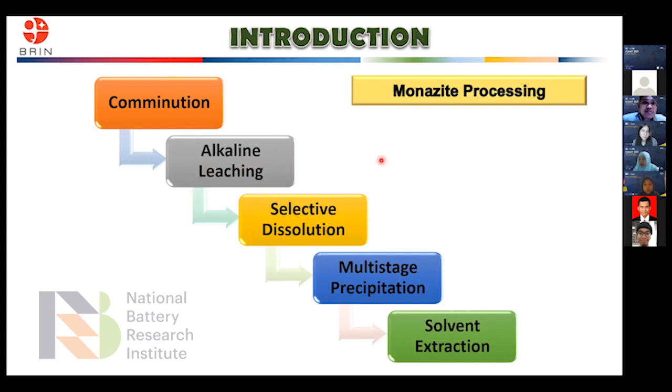Next, the solid phase of hydroxide is reacted with hydrochloric acid at a certain pH and temperature to dissolve REE selectively. The selective dissolution process is aimed at dissolving REE with small amounts of uranium and thorium impurities.